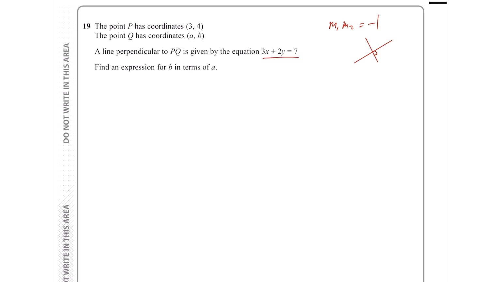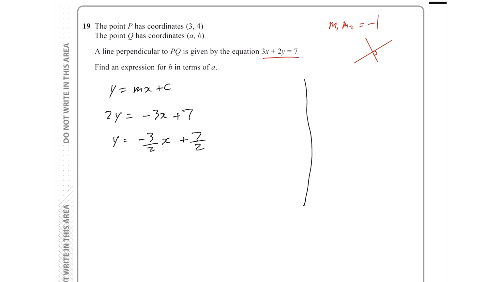So the first thing we'll do is write this in the form y = mx + c. I'm going to stop using my red pen for now. So 2y = -3x + 7, and y = -3/2 x + 7/2.